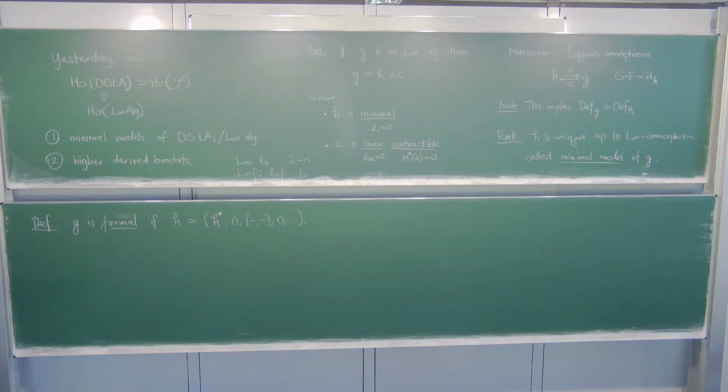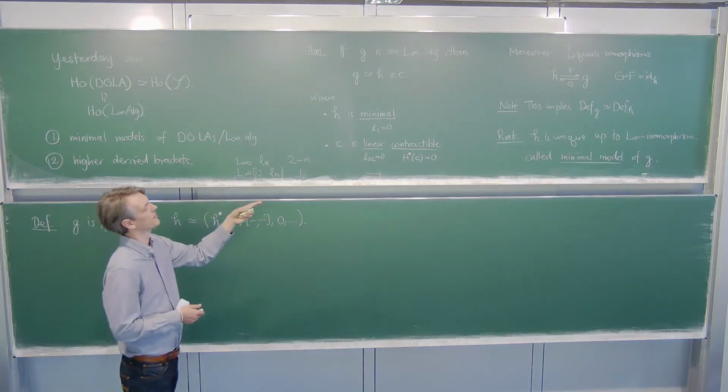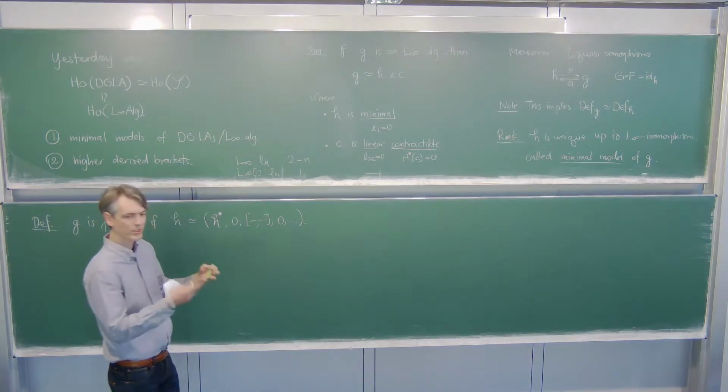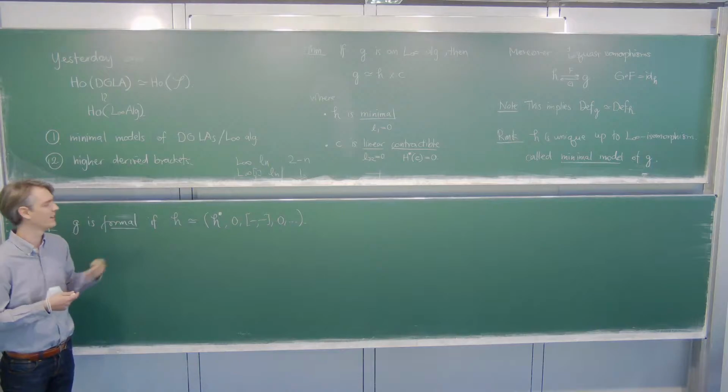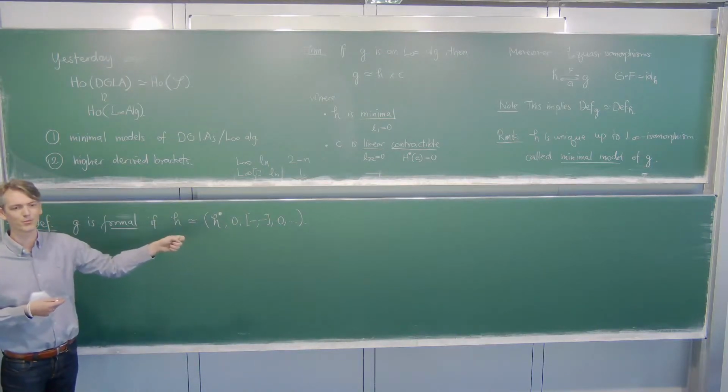So sometimes you might construct a minimal model which naturally gets higher structures, and then proving that it's actually formal is an extra step.